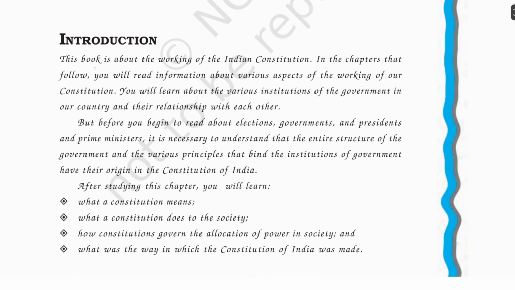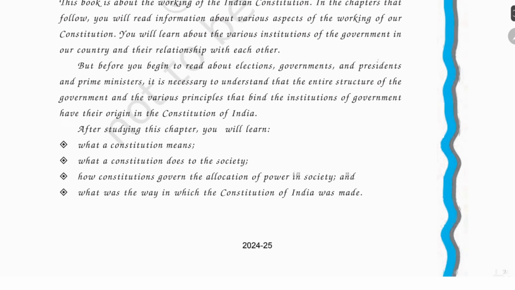Introduction. This book is about the working of the Indian Constitution. In the chapters that follow, you will read information about various aspects of the working of our Constitution. You will learn about the various institutions of the government in our country and their relationship with each other.